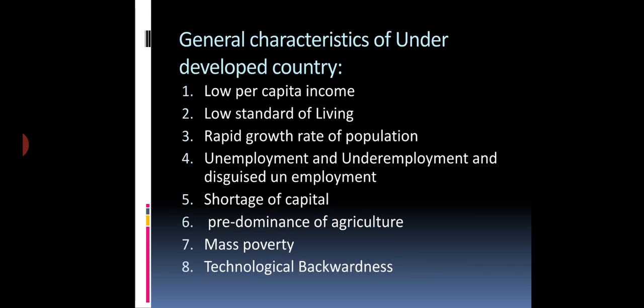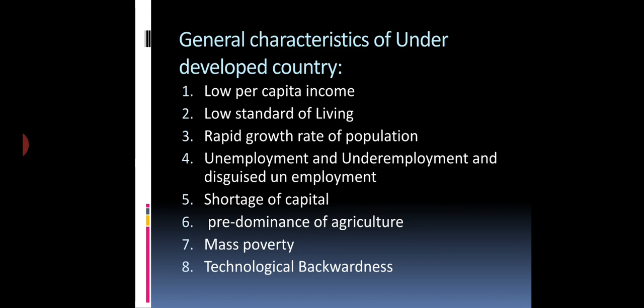Now, after knowing the general characteristics of a developed country, let us try to understand the general characteristics of an underdeveloped country or economy. An underdeveloped economy generally exhibits the following characteristics. Number 1, low per capita income. Number 2, low standard of living. Number 3, rapid growth rate of population.